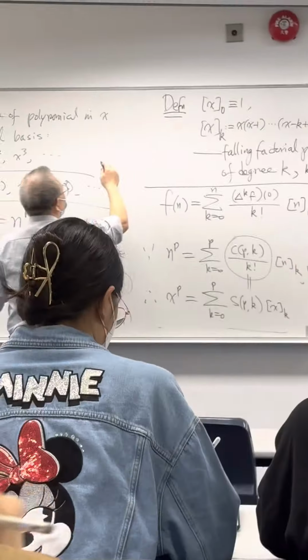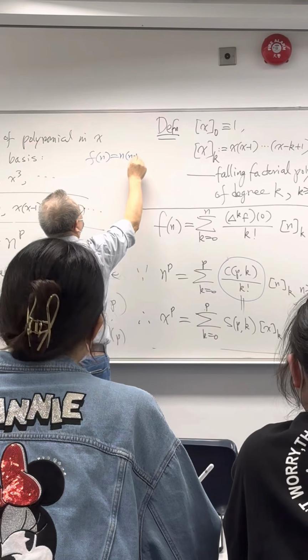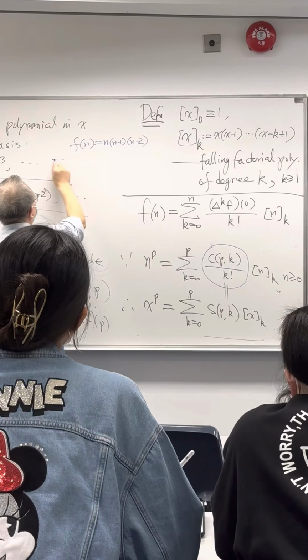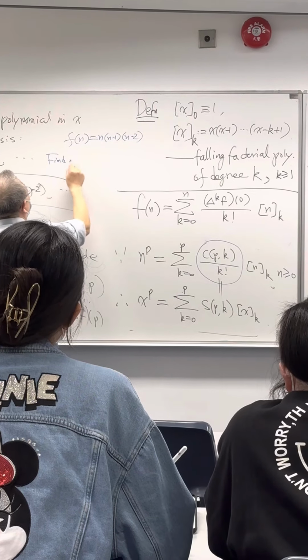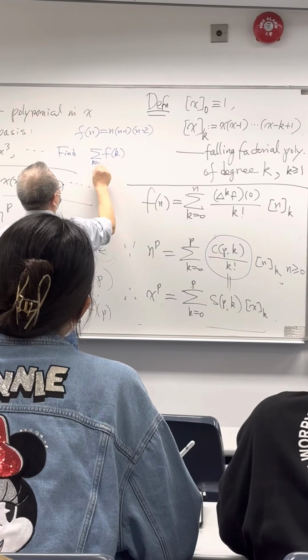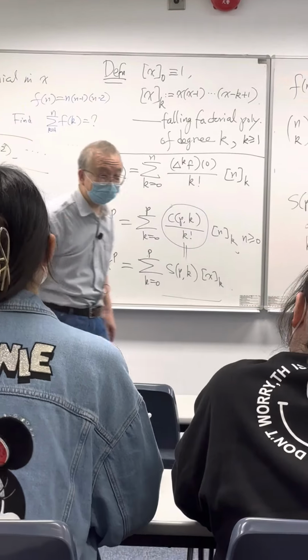So you have f(n) equal to n times (n minus 1) times (n minus 2), and then find the summation over k from 1 to n. Find out the formula for that.